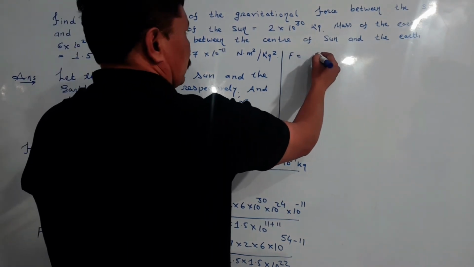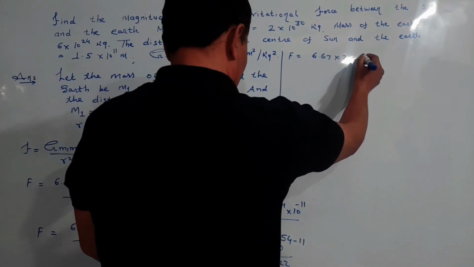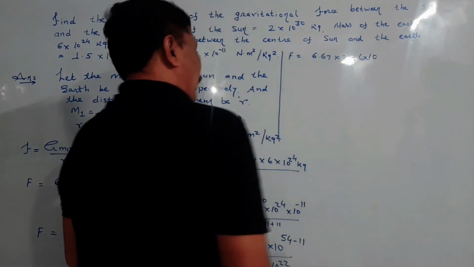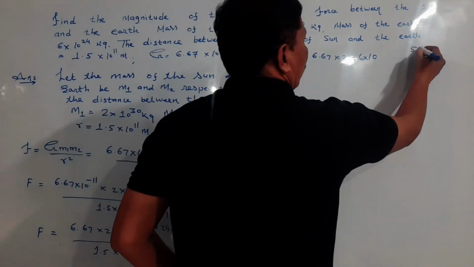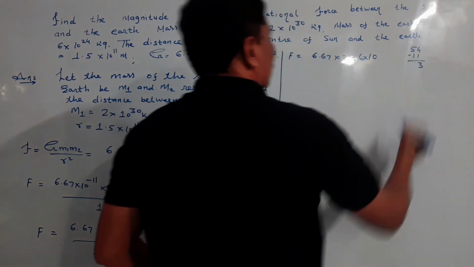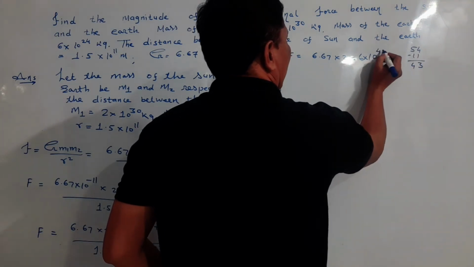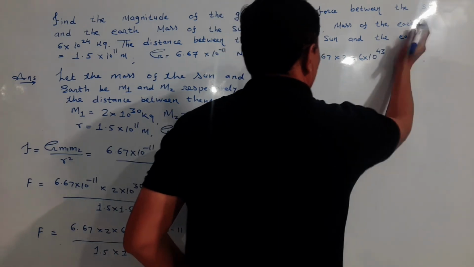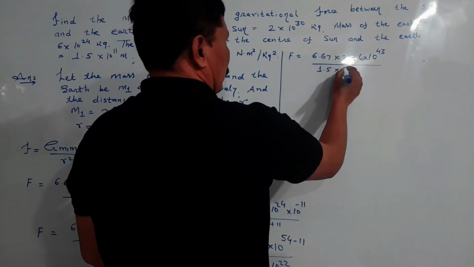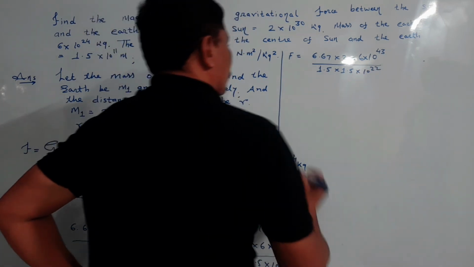F is equal to 6.67 into 2 into 6 into 10 to the power 54 minus 11, 4 minus 1, 3, 5 minus 1, 4. So we can write 43 divided by 1.5 into 1.5 into 10 to the power 22.